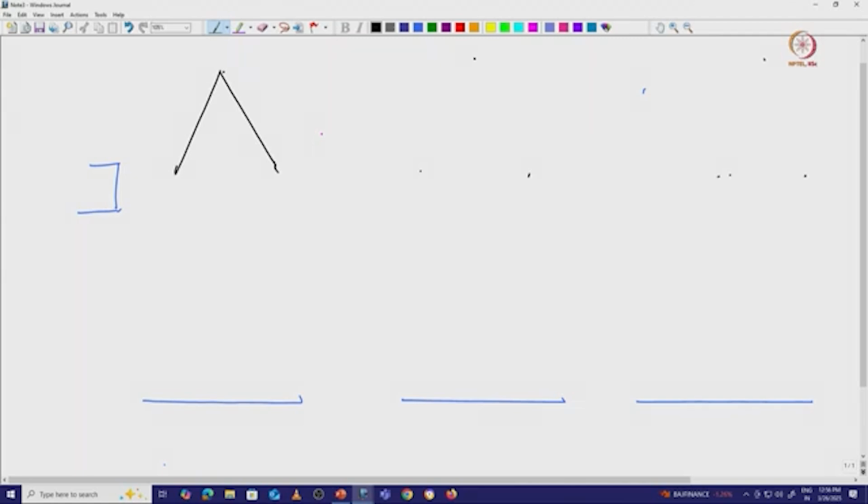Now rays are coming from the sample. Same thing is true for this one also. Rays are coming from the sample here.